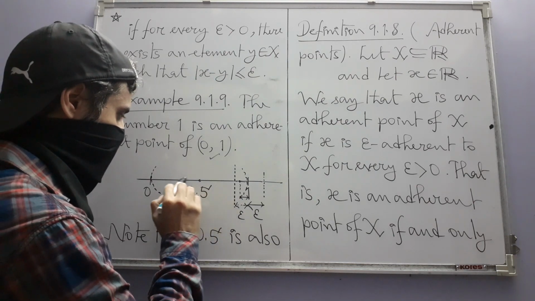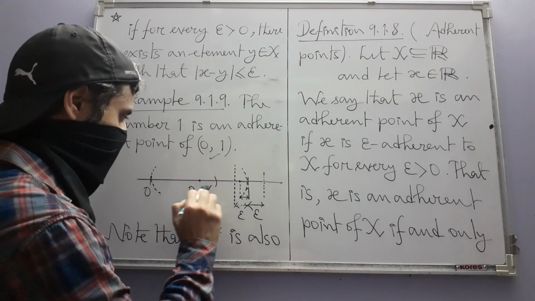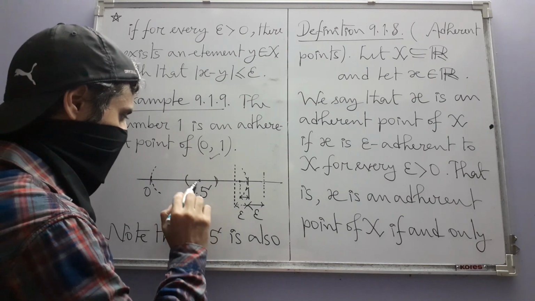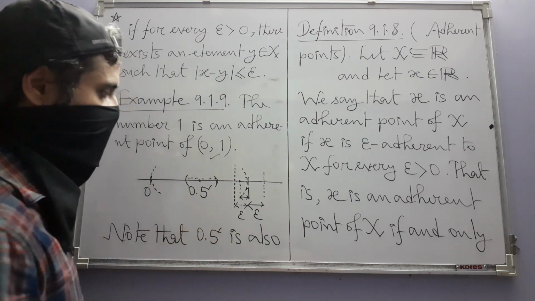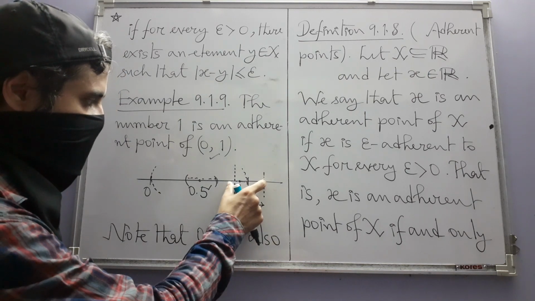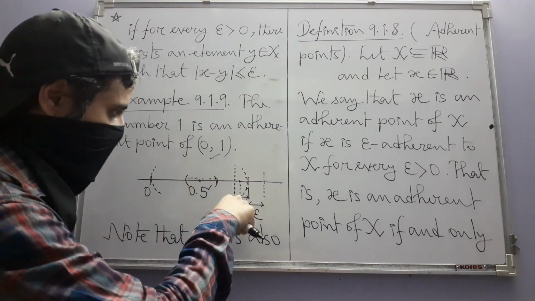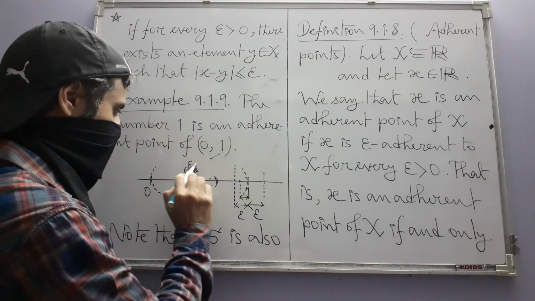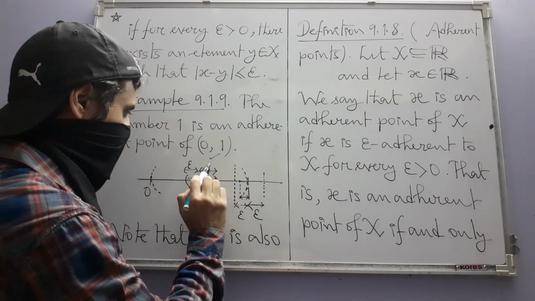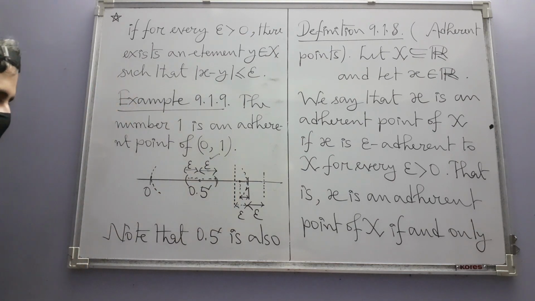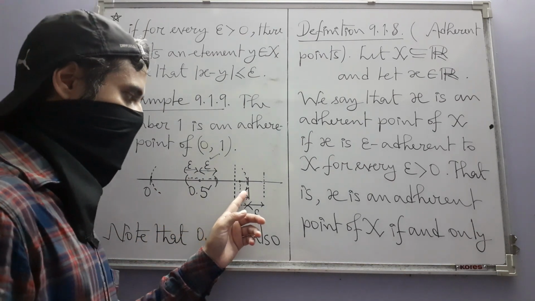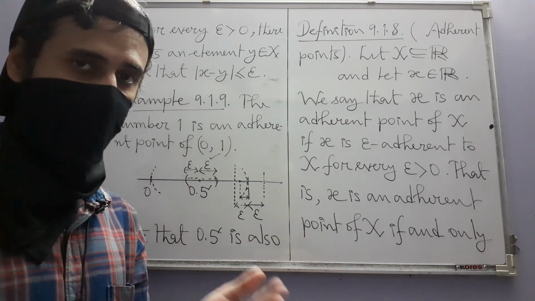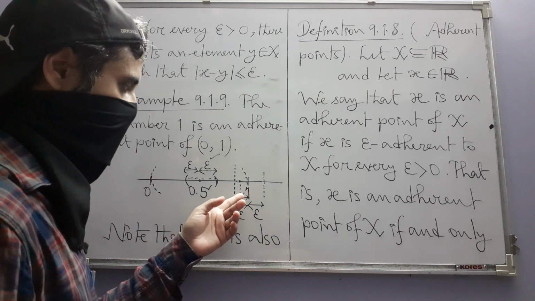The epsilon that you choose will determine a small region around 0.5, just like here it determined a small region around 1.